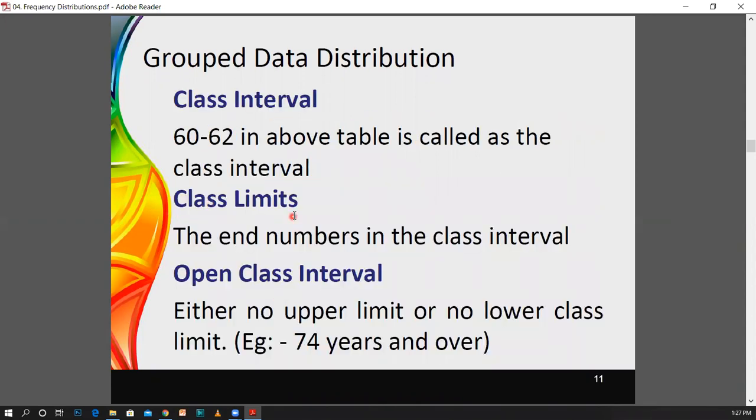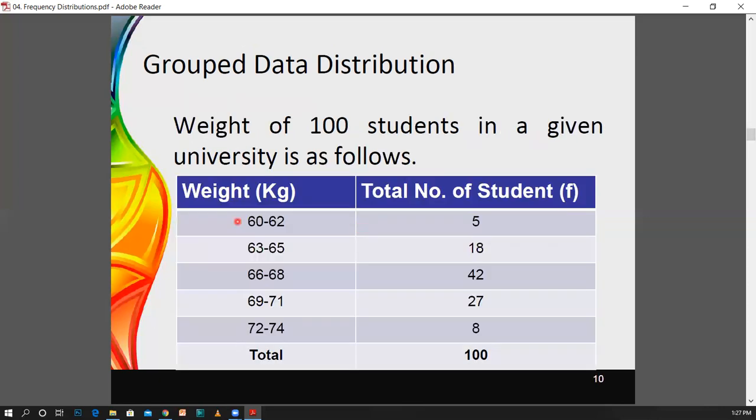Then the next important term is the class limit. The end number of the class interval is said to be the class limit. It is quite like this. Now think about it: sometimes a student may say, okay, my weight is 62.3 kilograms.